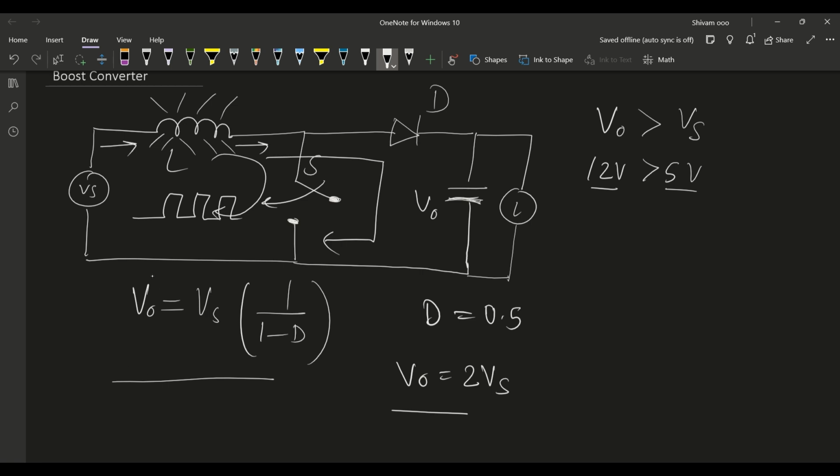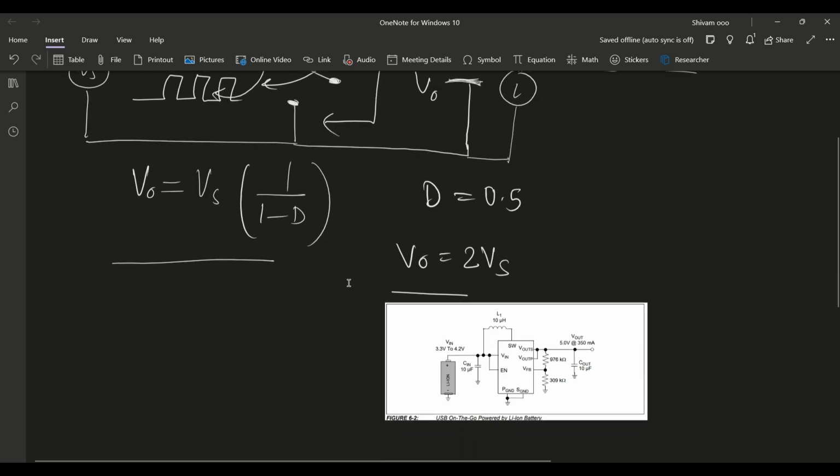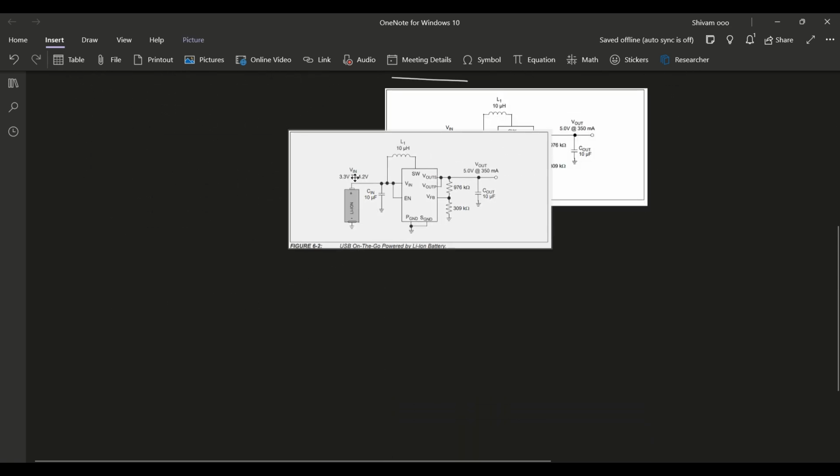In practical applications, I'll show you a circuit where it's used, in day-to-day life, where we use this kind of boost converter.